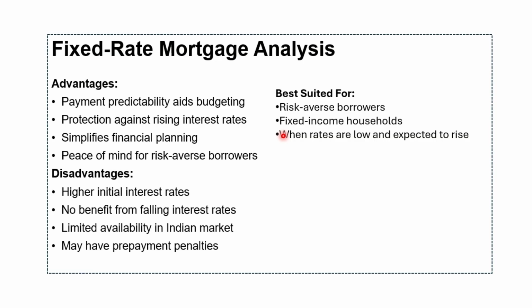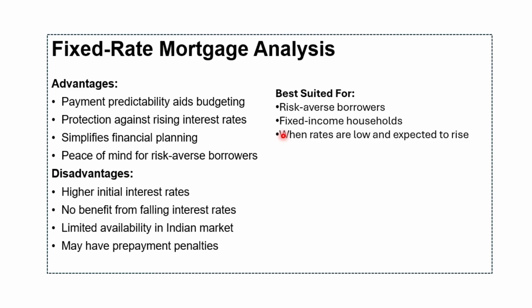We don't have to plan for any ups and downs. We know what we have to pay, so we can accordingly plan our other financial decisions. And peace of mind: we don't have to worry about fluctuations in the market. We know what we have to pay. So it is very good for risk averse borrowers.